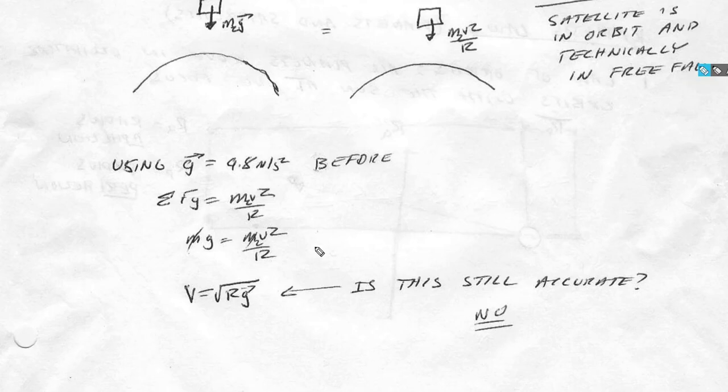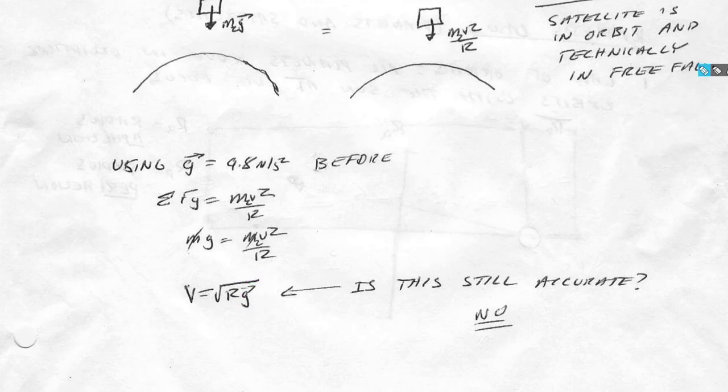That's shown up everywhere. Even when we're driving in a circle, v is the square root of mu rg. This shows up everywhere. Circular pendulum, v squared over rg, all these different areas, this square root of rg shows up over and over again. But this is not accurate anymore because g is not a constant.